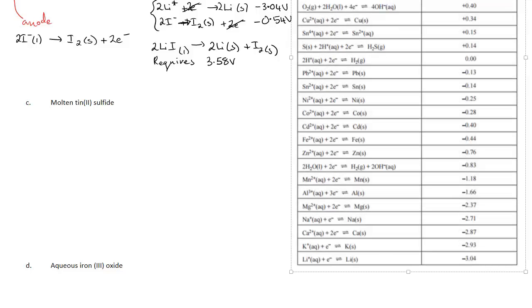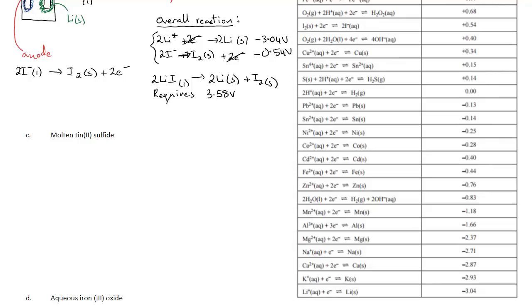Now what I'm going to do is find molten tin sulfide. So tin, where is it? Here it is. Tin 2. Remember that that's Sn2+. Sulfide is a spectator ion, so it's just essentially tin in the reaction.